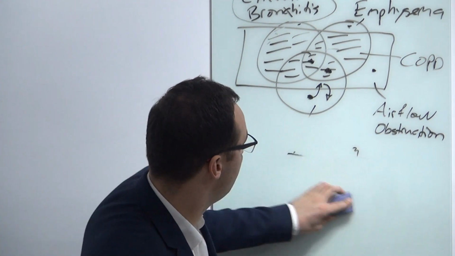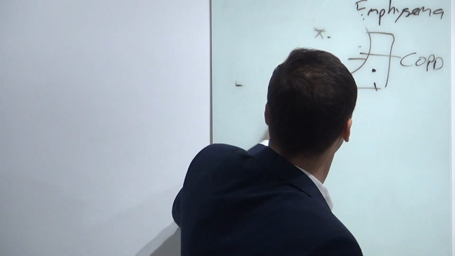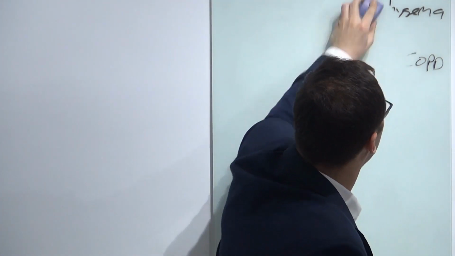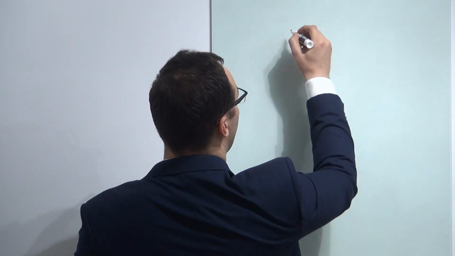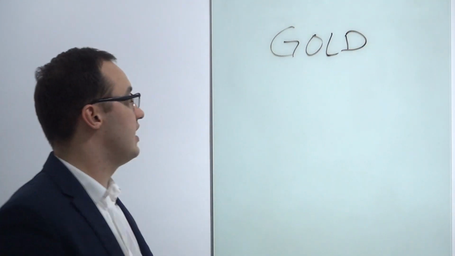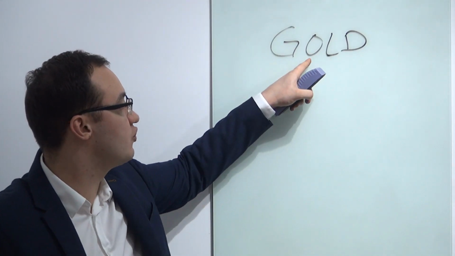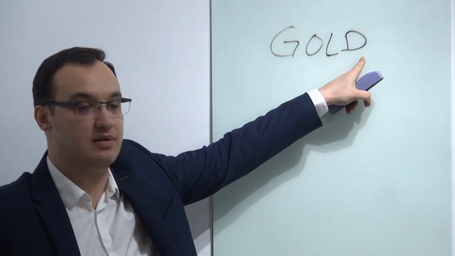Because this video will talk about some pathology. This was some pathology. And it will talk about some definitions. When you hear me talking about something called GOLD, this will stand for Global Initiative for Chronic Obstructive Lung Disease.